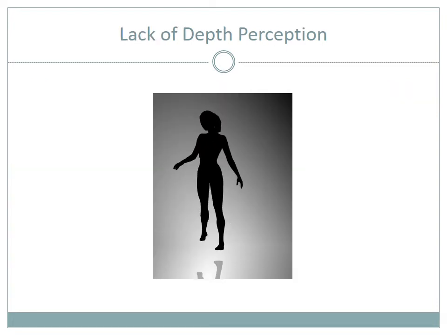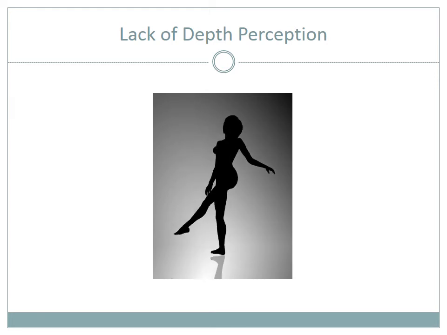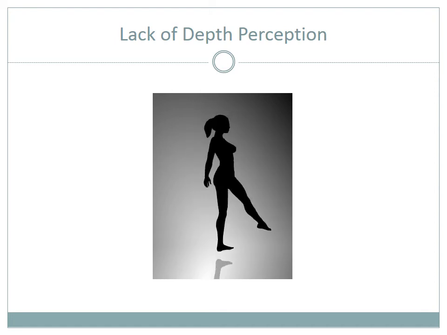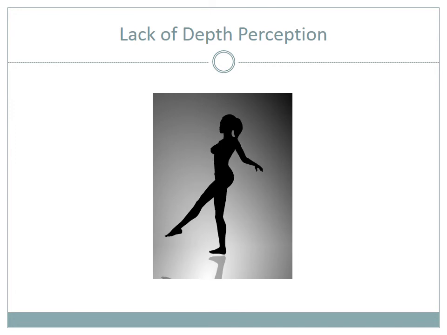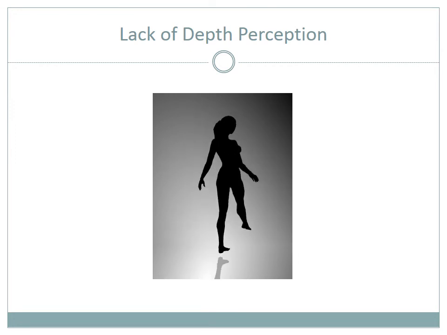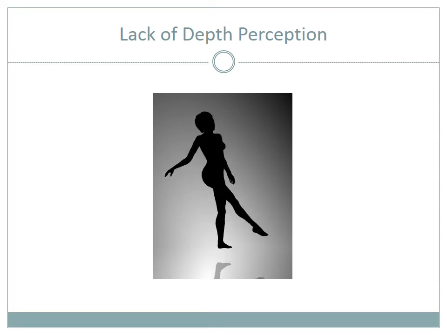Now, this is an incredible illusion here. This is a lack of depth perception that would cause this. So what you see here is a spinning dancer. Now, you can make her... I'm not doing anything. I'm not touching any buttons on here.